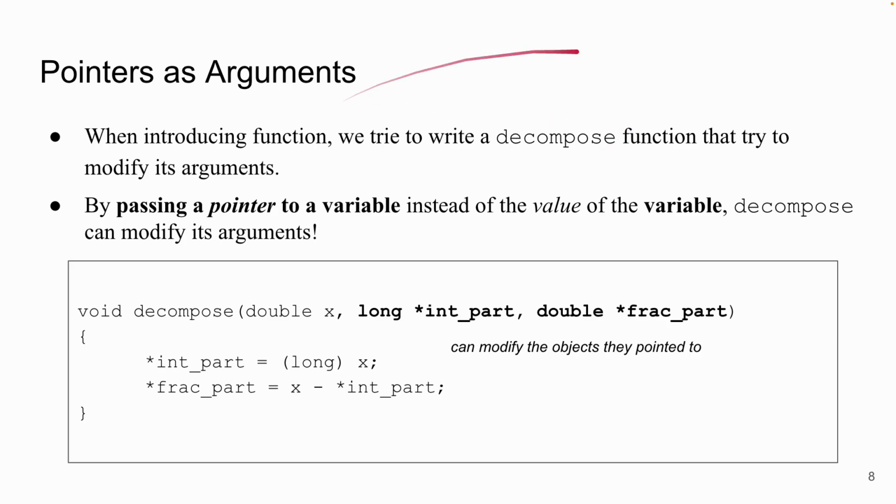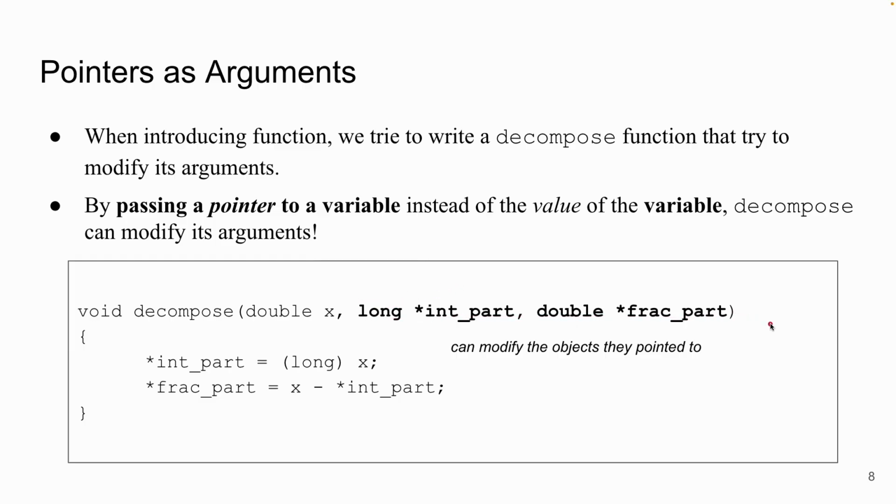Let's check out the example here. When we introduced functions in previous weeks, we introduced this decompose function, right? We said we try to use this function to modify its argument, because what the decompose function wants to do is divide the value stored in parameter x into its integer part and its fractional part.